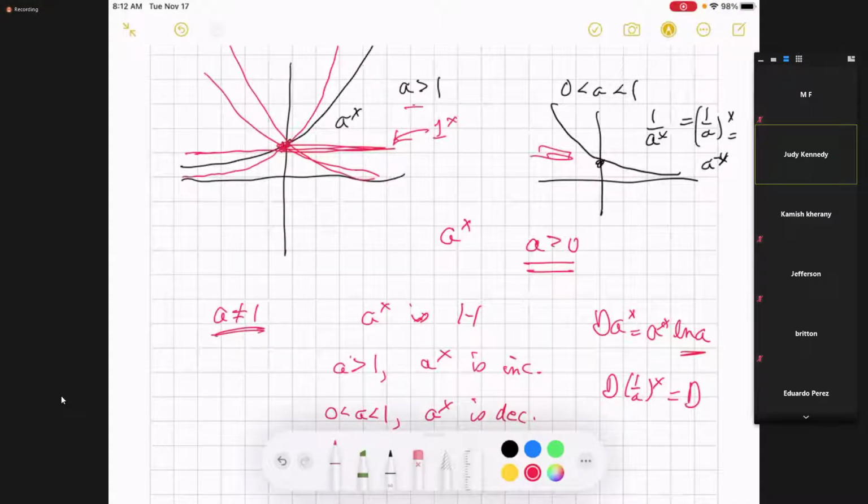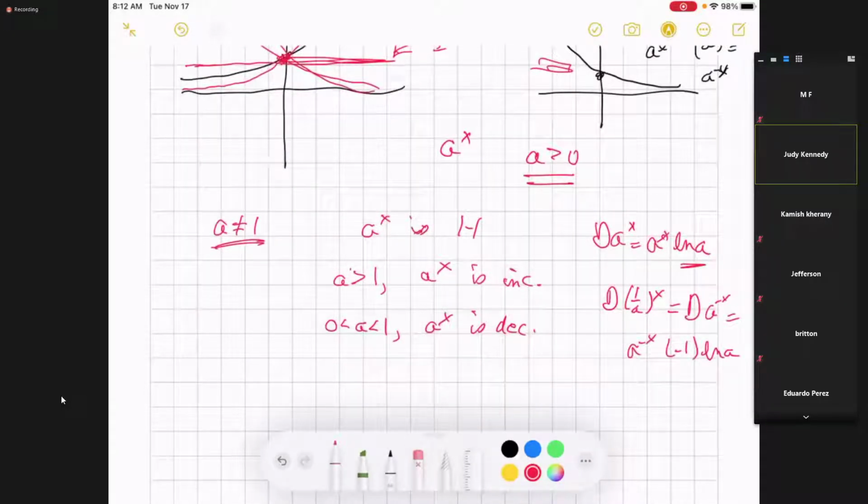The derivative of a to the minus x is equal to a to the minus x, times the derivative of minus x, which is minus 1, times ln of a. But what, okay. It's still concave up. Something's not gelling in my brain there. Okay, so I'll come back to it later.